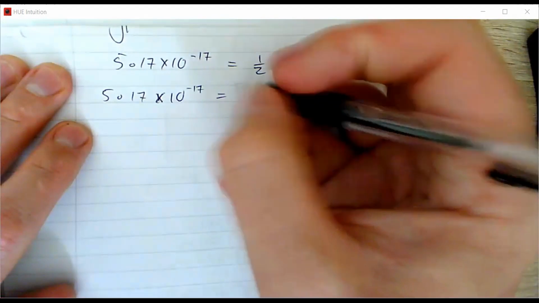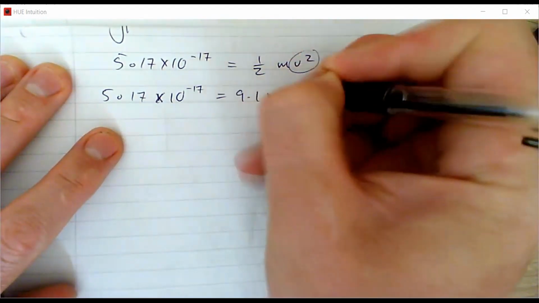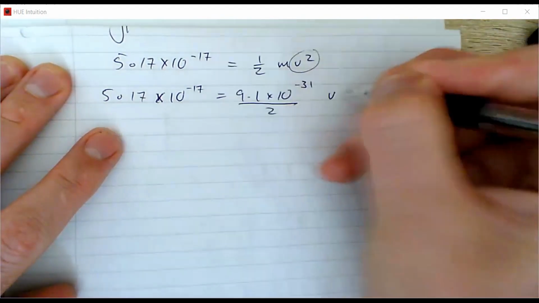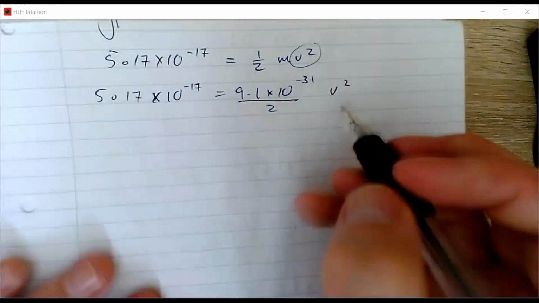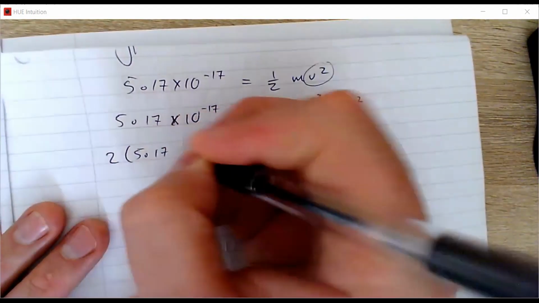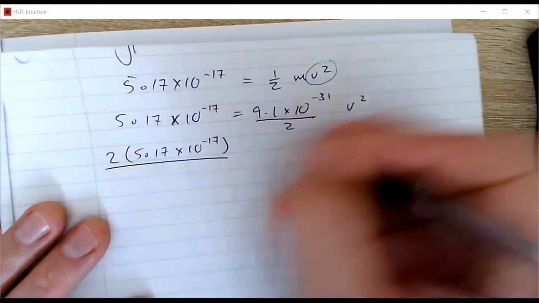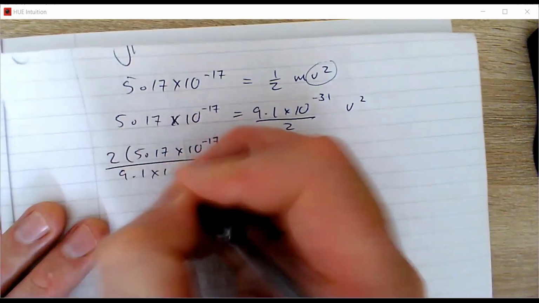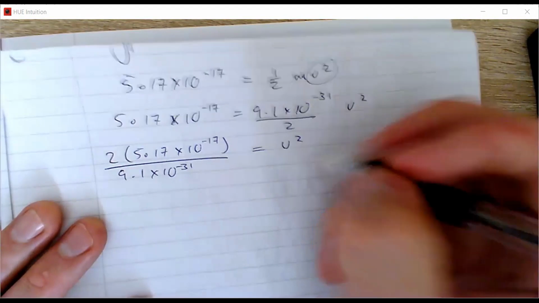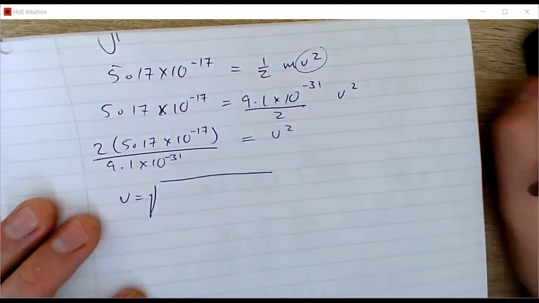It's given in the question there, 9.1 times 10 to the minus 31. Half of that, so divide by 2, times the velocity squared. So this is what we need to solve. Multiply through by 2 times 5.17 times 10 to the minus 17, and divide through by 9.1 times 10 to the minus 31 is v squared, and v is going to be the square root of all of that.